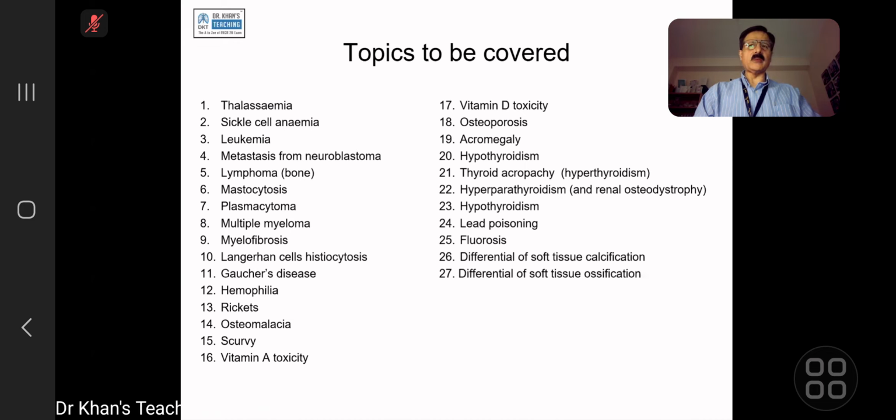It's going to be plain films, plain films, plain films. A bit of MR will be there, rapid fire. The aim is to show you a lot of plain films. Please remember, these things you don't see in your day-to-day practice these days. Your generation doesn't see them, and particularly people here in the UK won't see things like hyperpara.